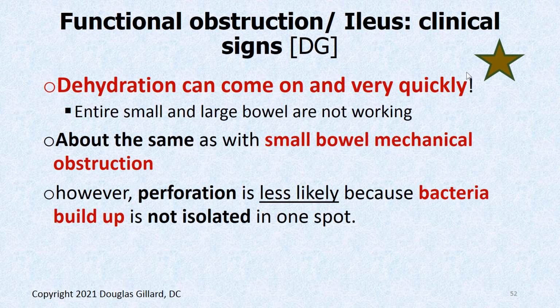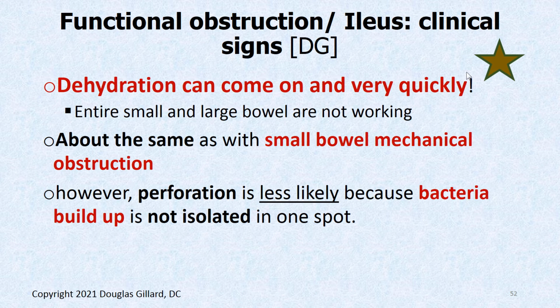Functional obstruction versus ileus, clinical signs. Well, dehydration can come on really, really quickly in functional obstruction or ileus because none of your intestines are absorbing water. And so you can become dehydrated really fast, much quicker than with mechanical small bowel obstruction.